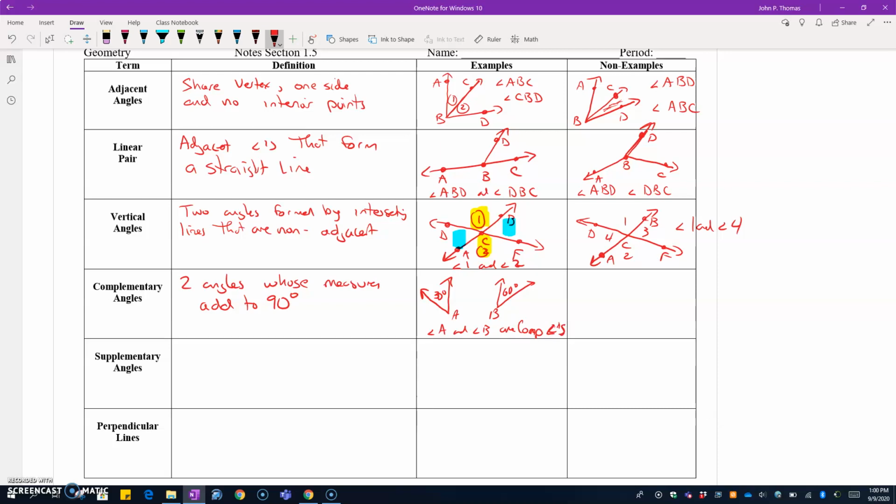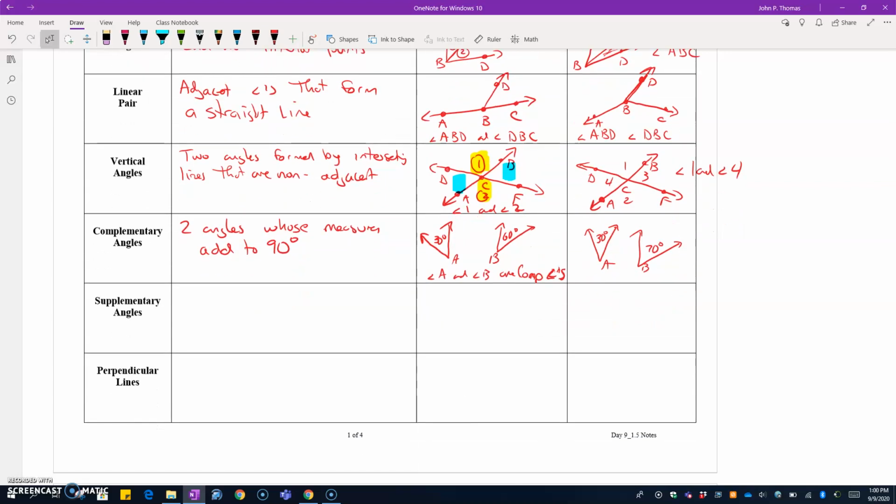A counterexample would be if I had the 30-degree angle here, and my other angle was 70 degrees, and we'll say A and B. So in this one, A and B would not be complementary because their angles don't sum to 90 degrees. If I jump to this next one, supplementary, this is two angles whose measures add to 180.